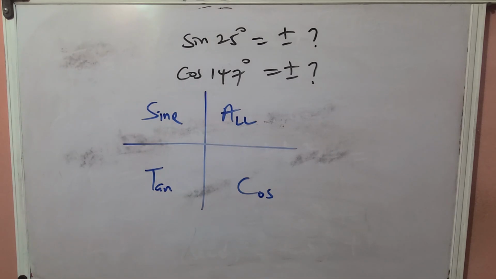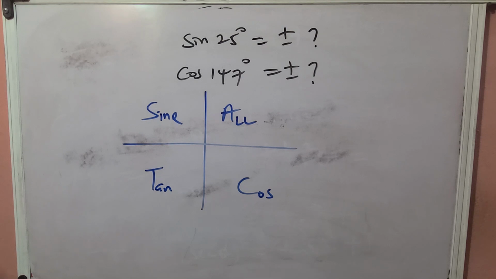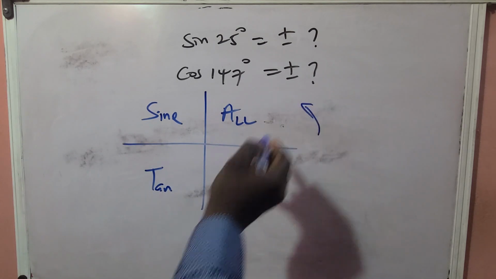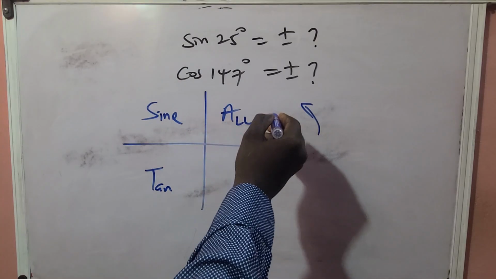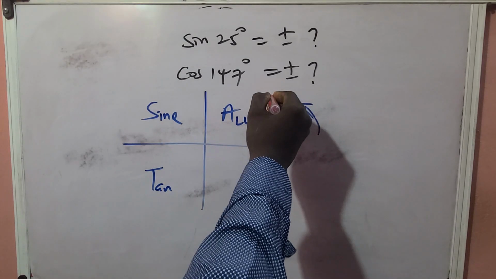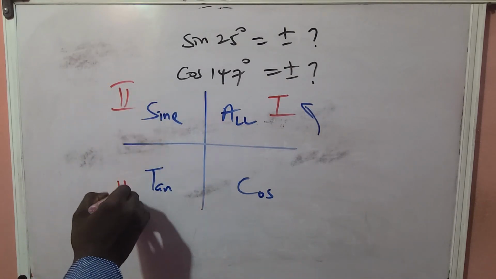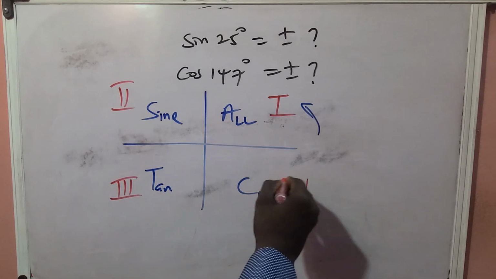I want you to understand that the direction of this quadrant is anti-clockwise. That means we're moving like this. So we can label this as the very first quadrant, quadrant 1, this quadrant 2, this quadrant 3, and this quadrant 4.